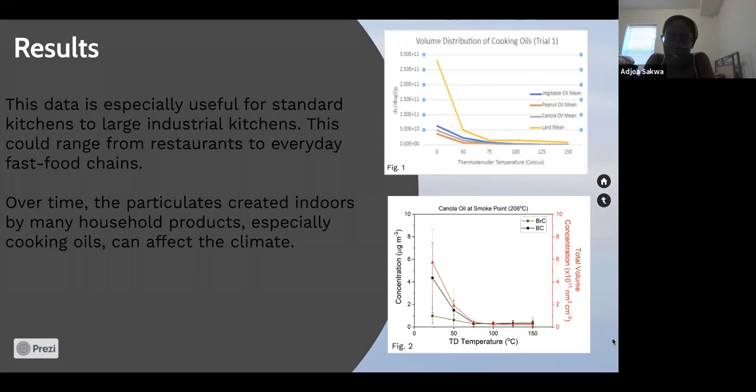You can see that this is for canola oil. You can also see that there was black and brown carbon emitted from the oil at the same time. I was thinking that this could be due to the fact that oil's chemical composition has a lot of carbon, so probably that's also where it came from.